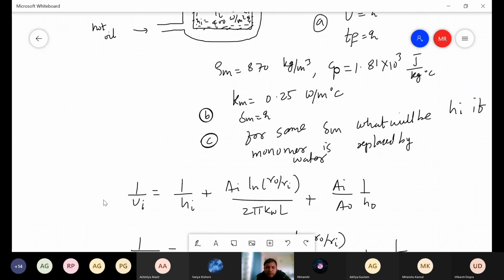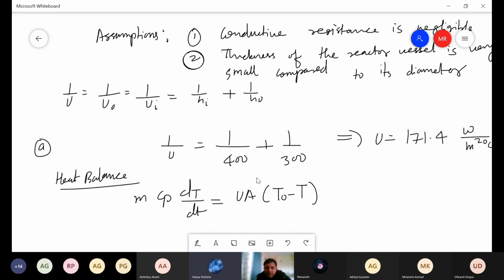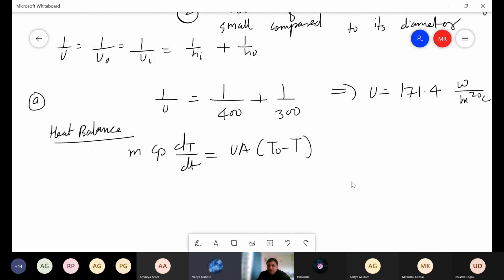So the amount of heat transfer should correspond to the rate of change of energy inside this monomer, isn't it? Got it. I confused the two equations or something. I'm sorry. So now in this case, what will be the mass of monomer?